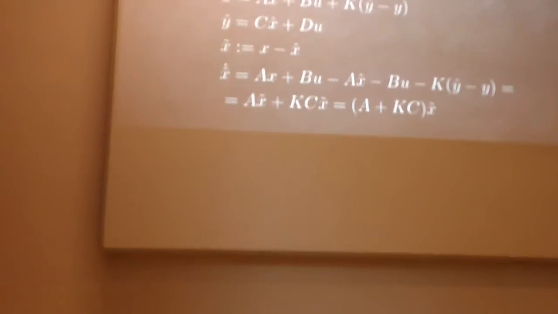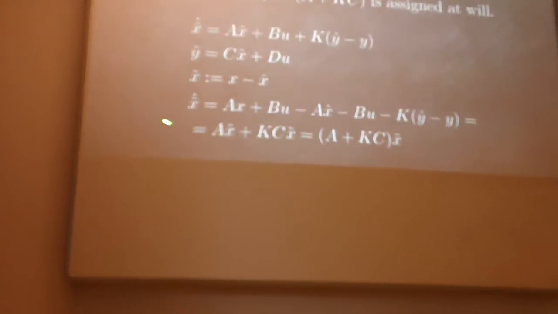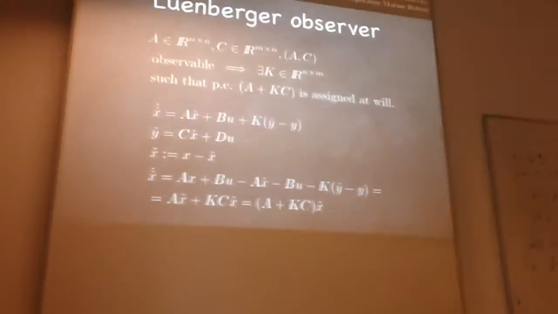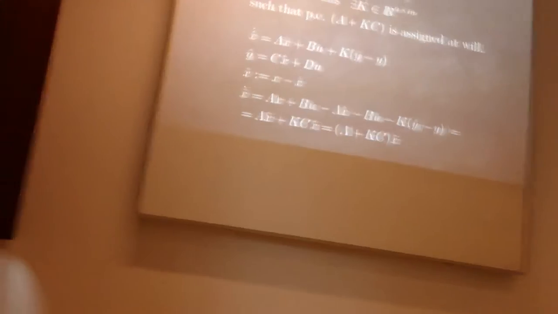Okay? Now, if you compute the dynamics of this quantity, it turns out, given the filter structure, that the dynamics of this quantity is exactly this. X tilde dot is equal to A X tilde, by construction.